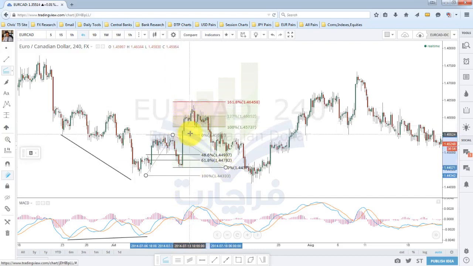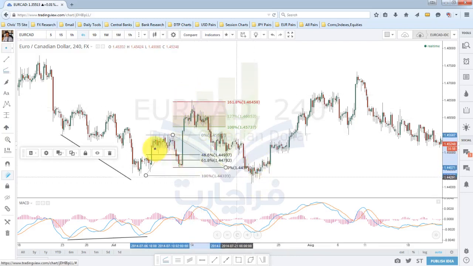Hit the target. Now, this threw a little curveball. We extended. All right, so you might look to trade this back to the upside. We got stopped out. It happens. Okay, it's not infallible. Nothing is in the Forex market. All right, but I think we've shown that it works, or it happens so often to give you a really good probability.